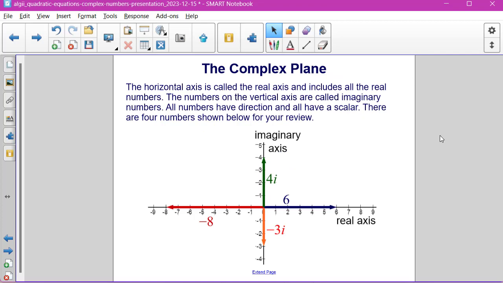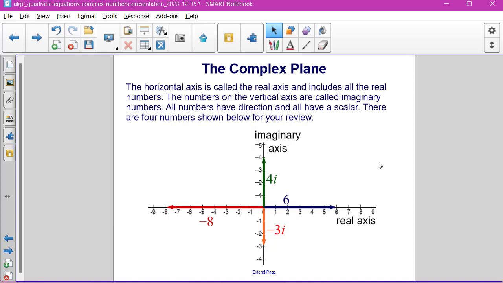We can now graph our real and imaginary numbers in what's called the complex plane. The horizontal axis is called the real axis, and it includes all real numbers, positive to the right and negative to the left. The numbers on the vertical axis are called imaginary numbers. When they are positive, they go upward, and when they are negative, they go downward.